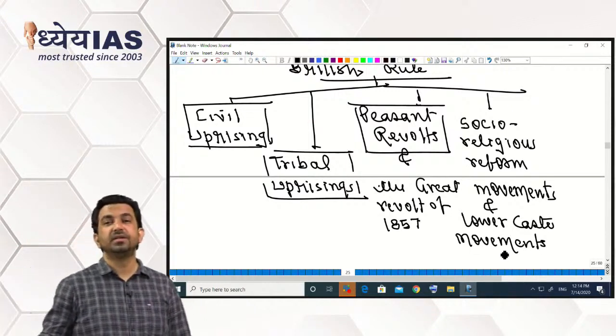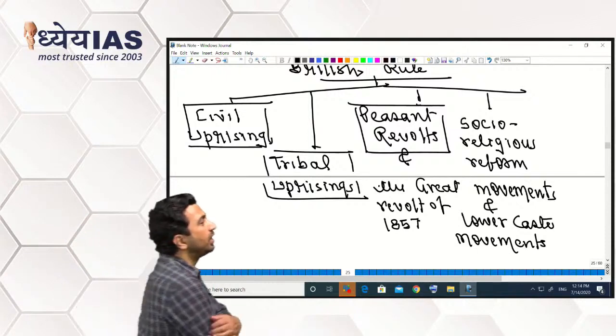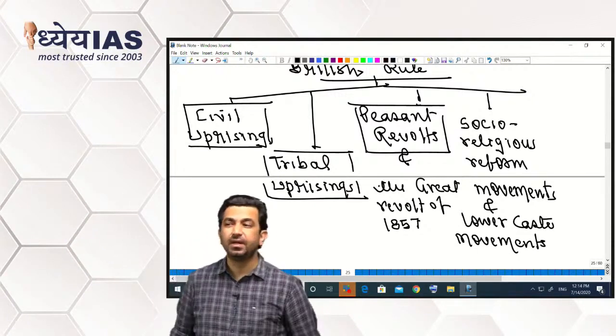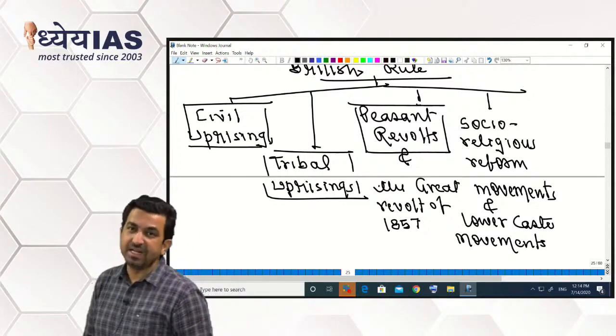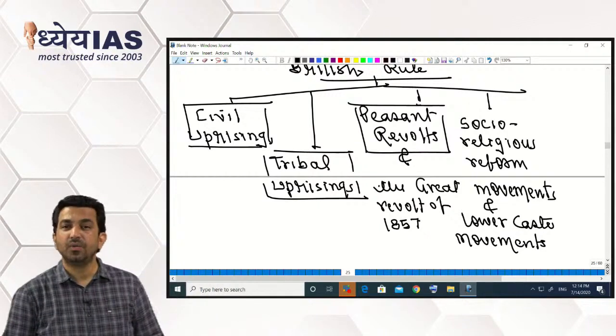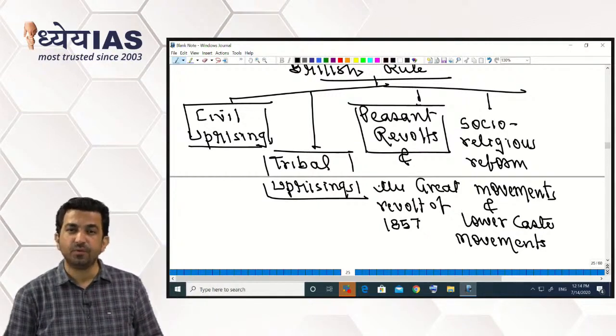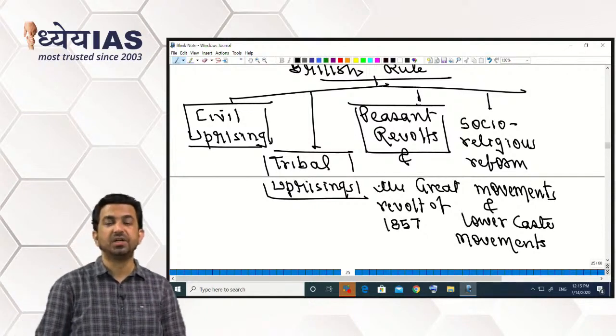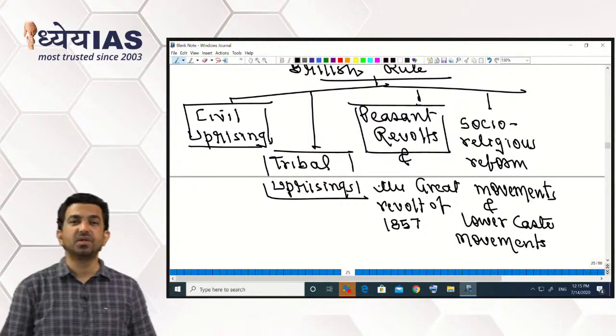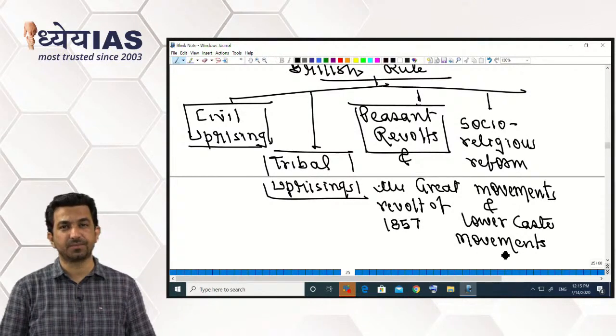Lower castes also launched several movements to improve their social, economic and political condition, like Jyotiba Phule, Savitri Bai Phule, Narayan Guru, Baba Saheb Bhimrao Ambedkar, Justice Party, and other movements fostered or organized by the members of lower caste and those who belong to untouchable castes.